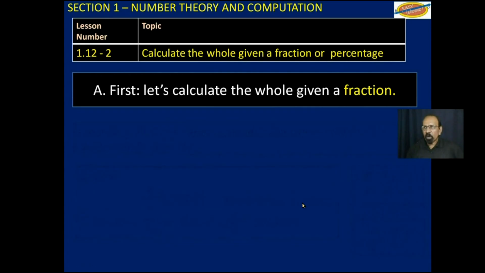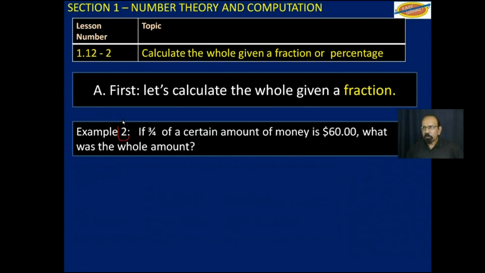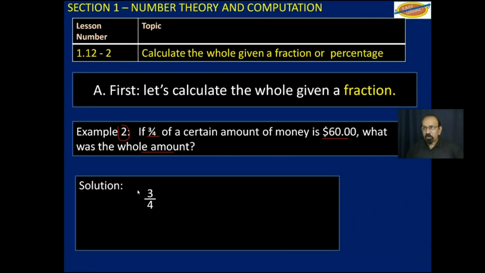That was example 1. Let's look at example 2. If 3/4 of a certain amount of money is $60, what is the whole amount? So you know the principle we are using. So 3/4 is $60. We will divide the amount we are given by the fraction.